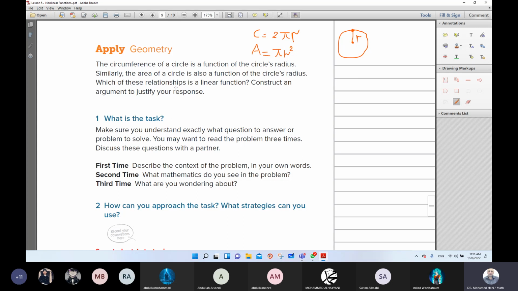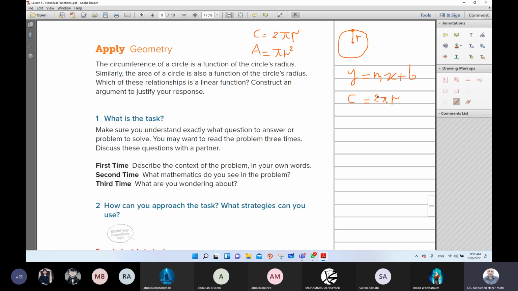Which of these relationships is a linear function? Construct an argument to justify your response. When you can write any equation in the form y equal mx plus b, it means this is linear. So the first function: C under y, 2 pi under m, r under x, and the value of b here will be 0.